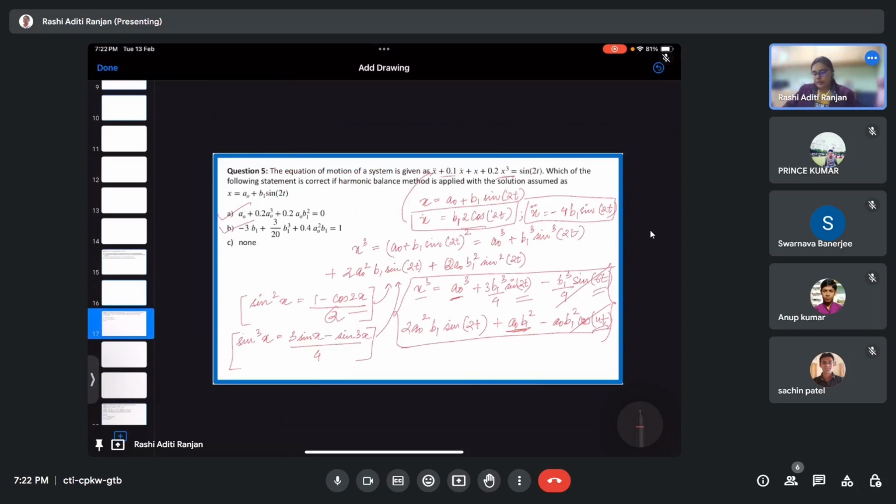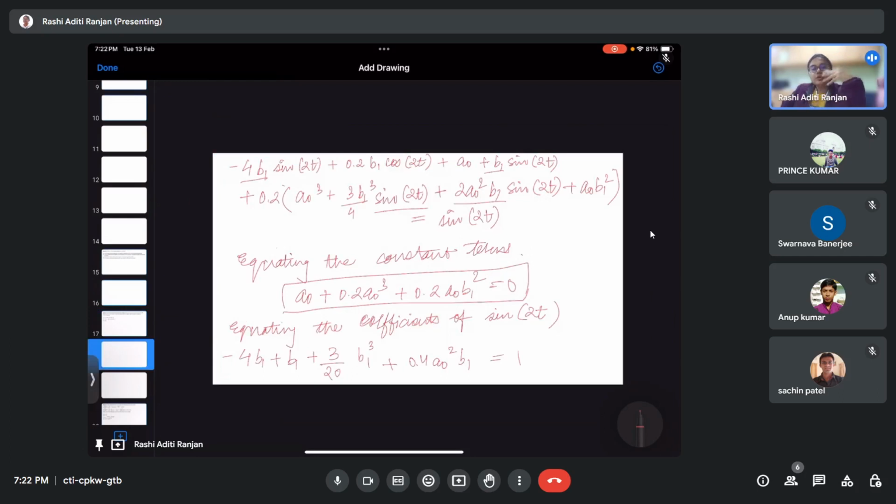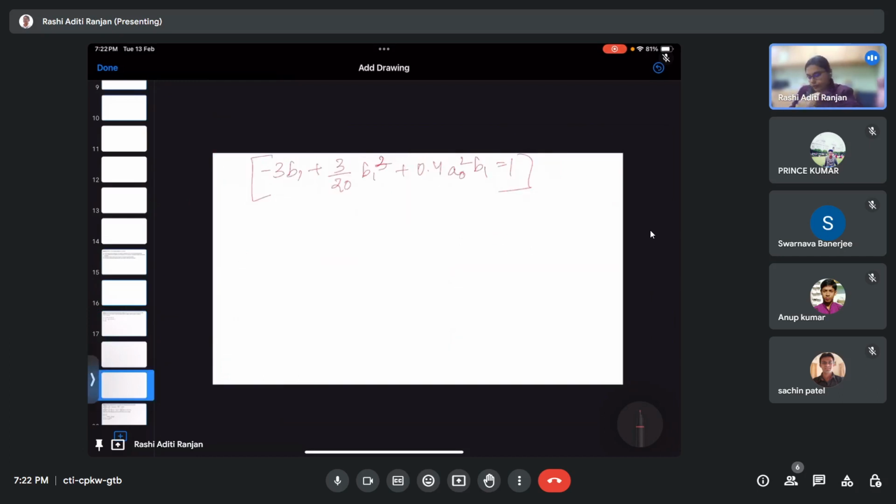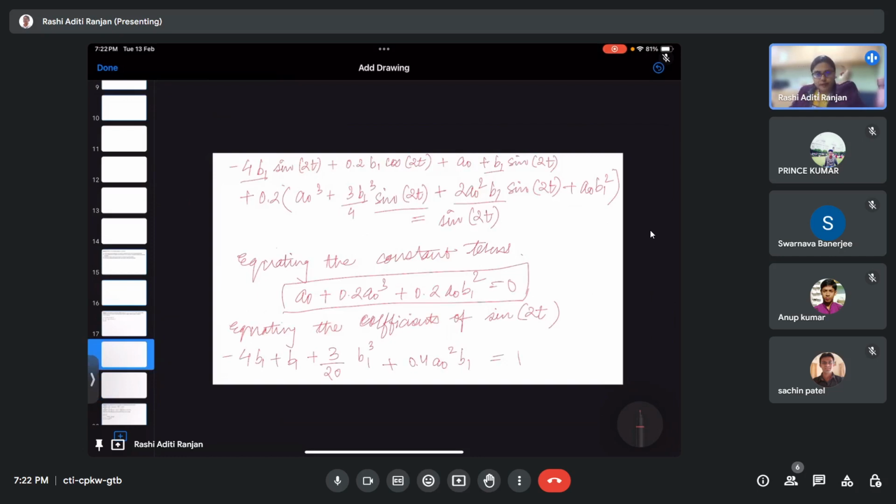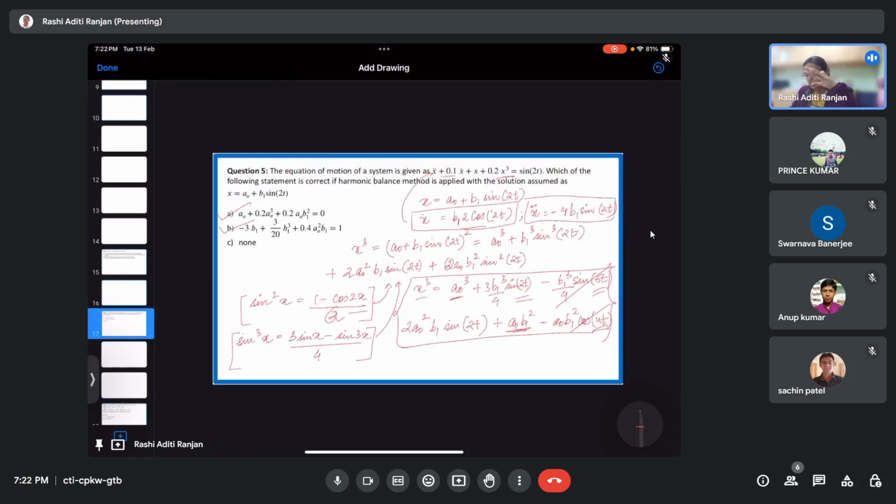So I hope that this made you understand how you have to work on the harmonic balance method in order to find the expression. See, I have done the equating of the coefficients only in order to find the answer of this question.